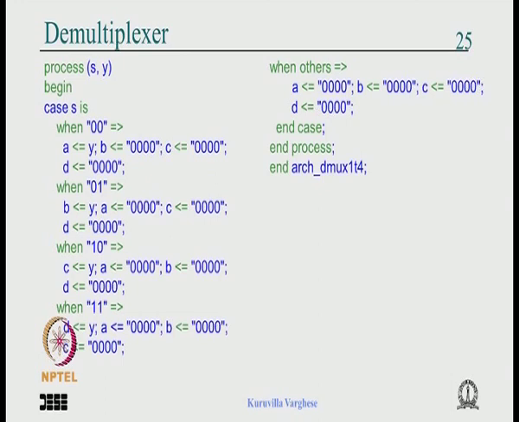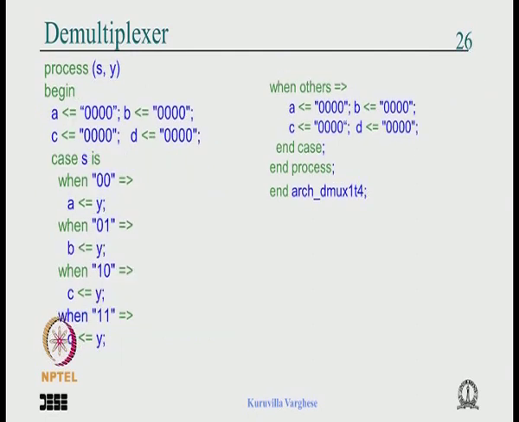So is there a way out? That is what we are going to see. Also, as I said, there is no need to write "when others" separately; you could combine it with 1, 1. So here you could write "when others" and avoid this kind of statement. It does not matter. So let us see a little more concise version of it.